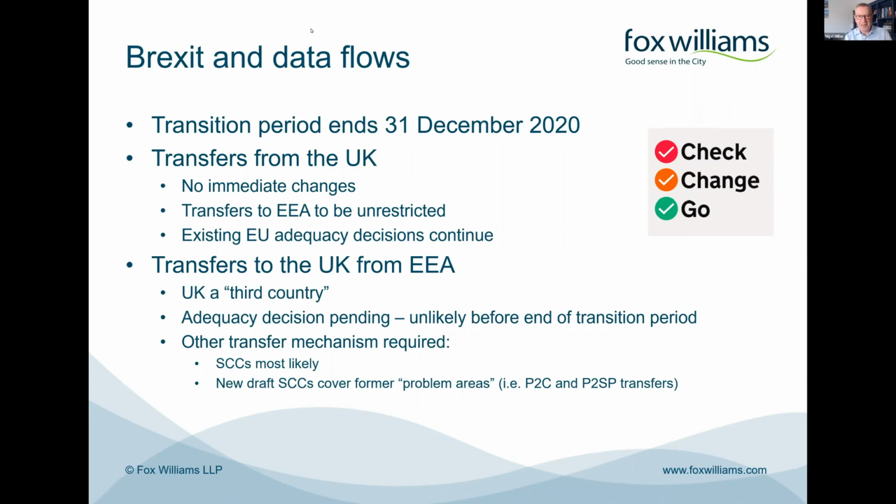A bit more difficult in relation to transfers from the EEA to the UK. Once the transition period comes to an end, then the UK will effectively become a third country outside of the EEA. And the European Commission can deem the UK to be an adequate territory, known as an adequacy decision. And that's what we're hoping for as part of a Brexit deal.